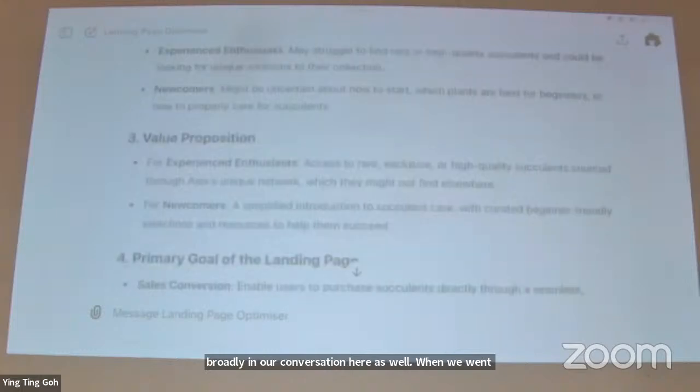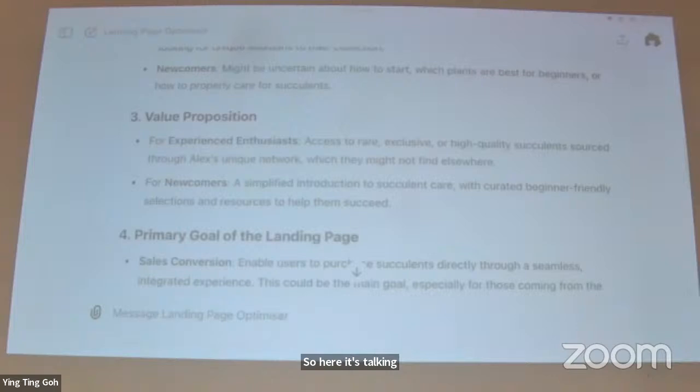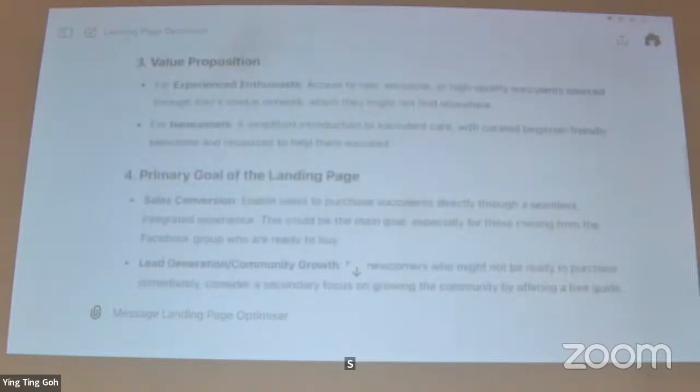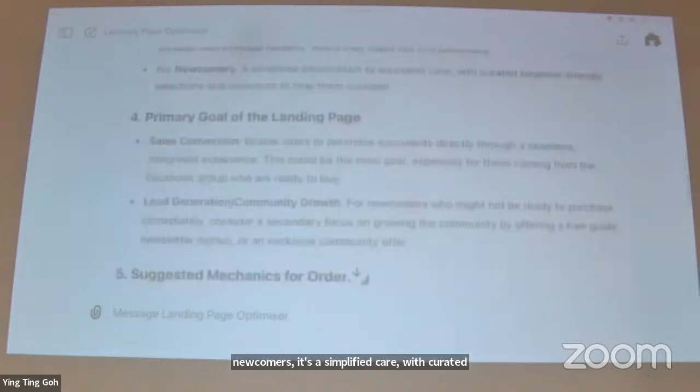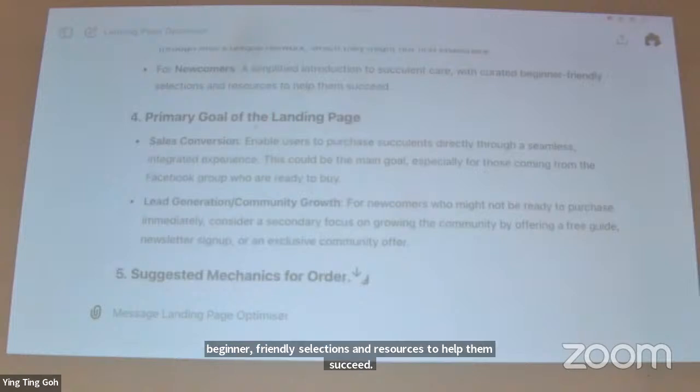So here it's talking about the value proposition. For experienced enthusiasts, it's access to rare, exclusive, high-quality succulents sourced through Alex's unique network. And then for newcomers, it's a simplified introduction to succulent care with curated beginner-friendly selections and resources to help them succeed. And then it goes to the primary goal of the landing page.